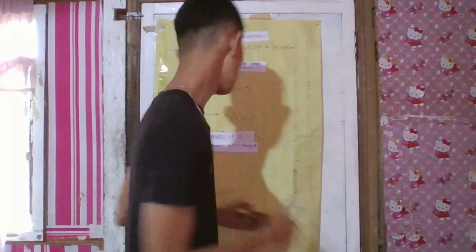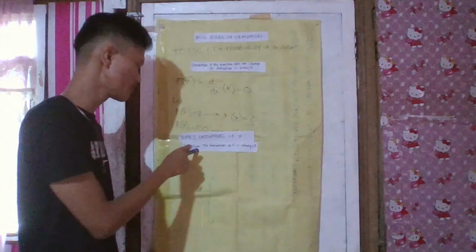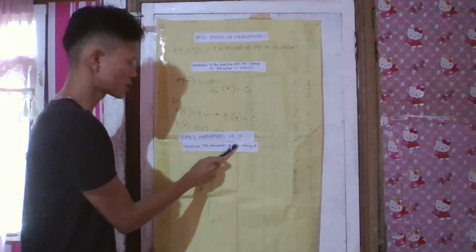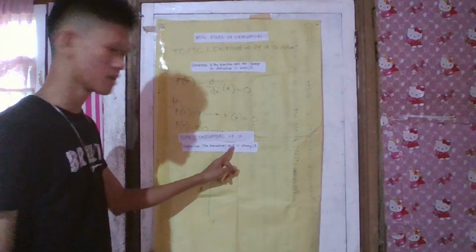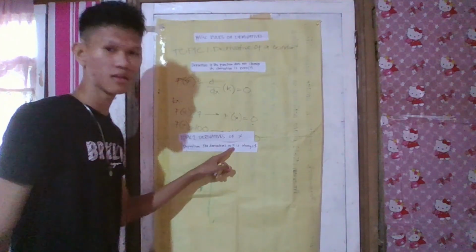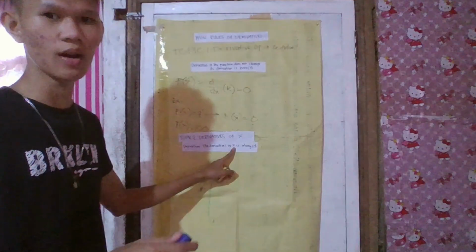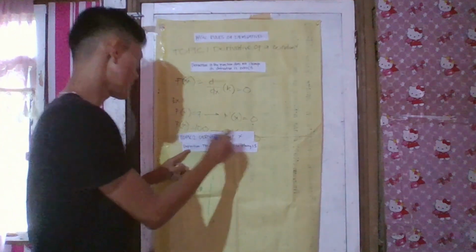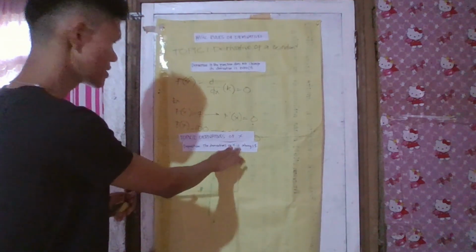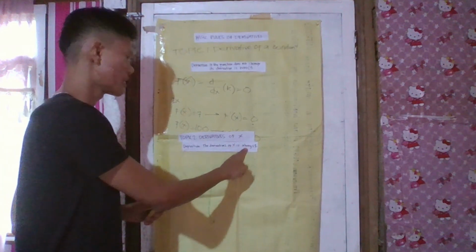Topic 2 is all about the derivative of x. What is the derivative of x? Definition: the derivative of x is always 1. It means x is always 1, or you imagine 1. Whatever letter it is, it is always 1.